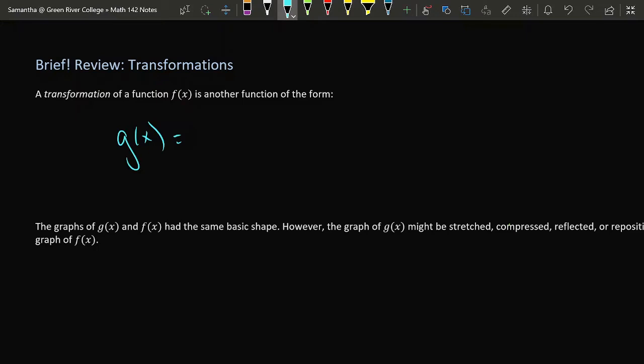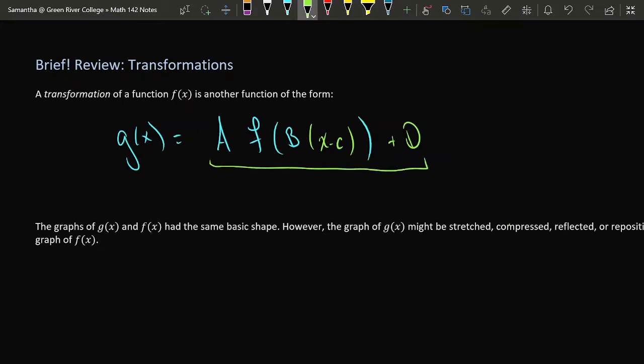G of x's formula can be found by taking the formula for f of x, potentially multiplying it on the outside by some number, potentially multiplying it on the inside by some number, potentially adding or subtracting something from the input, potentially adding or subtracting something from the output. So a transformation of a function f of x is another function whose formula can be expressed in this way, where a, b, c, and d are all constants.